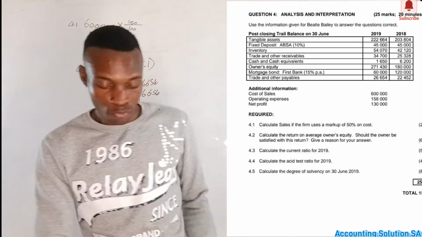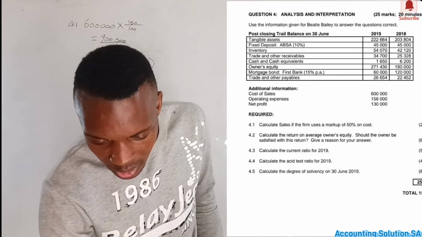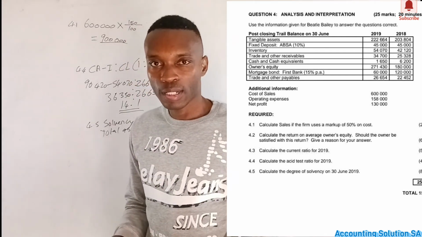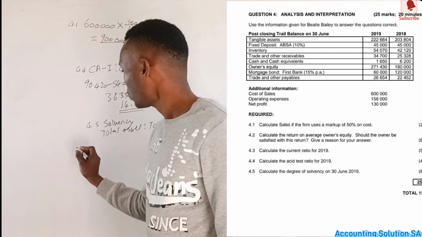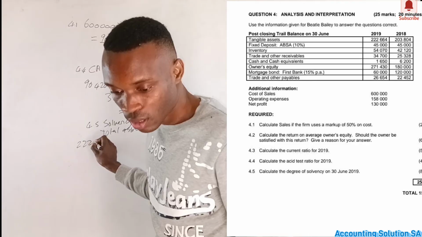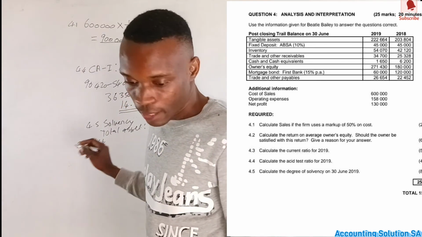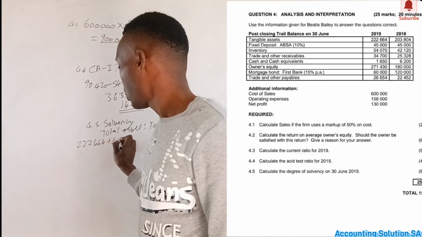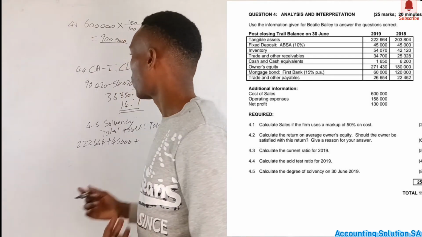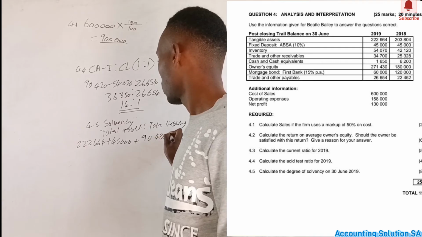We have to check all the assets that we have. Number one, we have tangible assets, which are non-current assets. We have an amount of 222,000 and 66,004, which we have to add to 45,000, together with the current assets that we already calculated, which is 90,420.